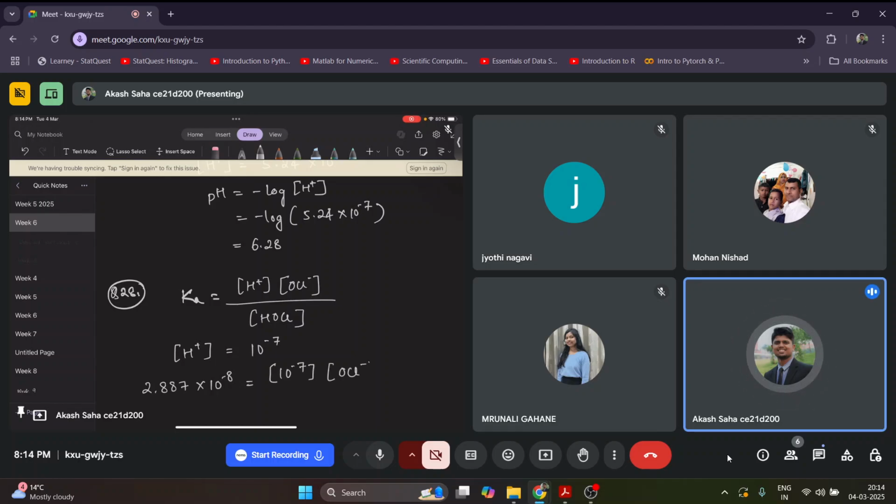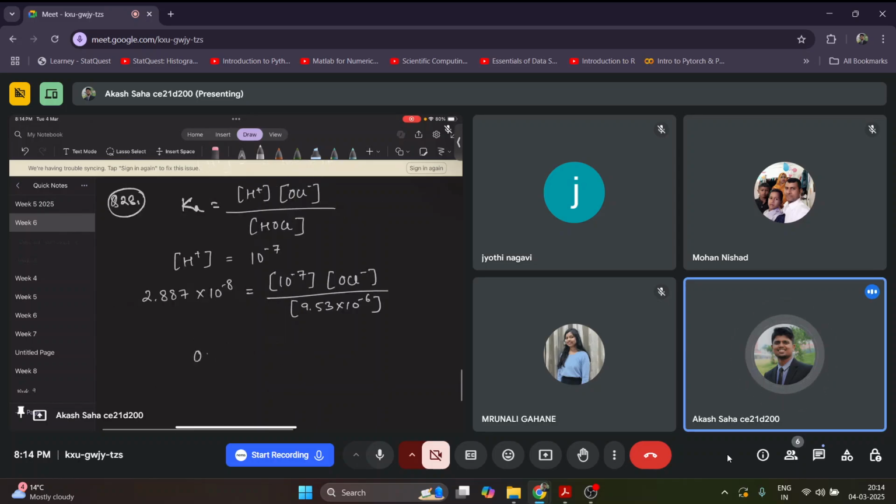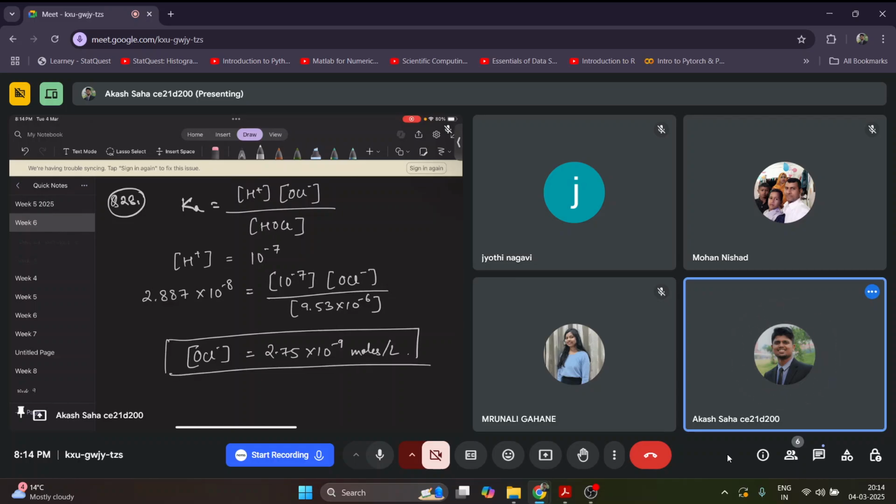OCl minus we don't know, and HOCl we know, that is 9.53 x 10^-6. So OCl minus is pending, and that will be equal to 2.75 x 10^-9 moles per liter. So this is the answer. You just have to play with these many parameters. That's all.